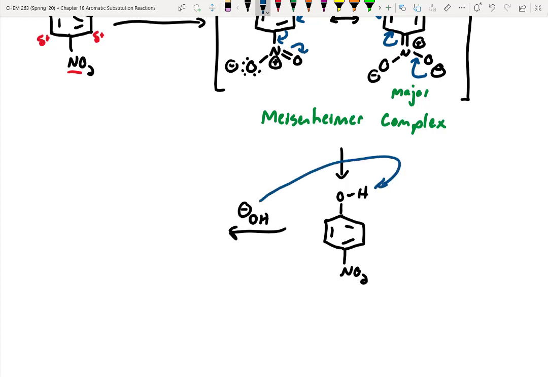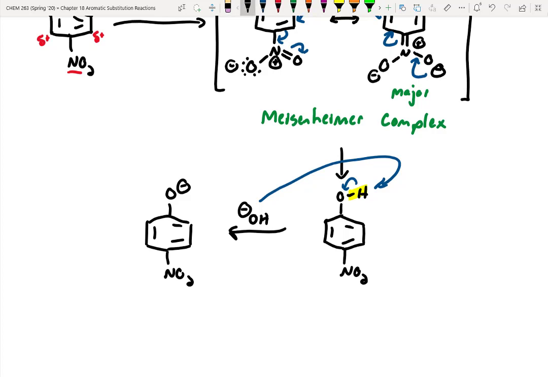So it's going to grab this relatively acidic proton right here and give us the alkoxide, specifically the phenoxide. This is relatively stable because the negative charge that we're creating is resonance stabilized. That's why that proton is so acidic.